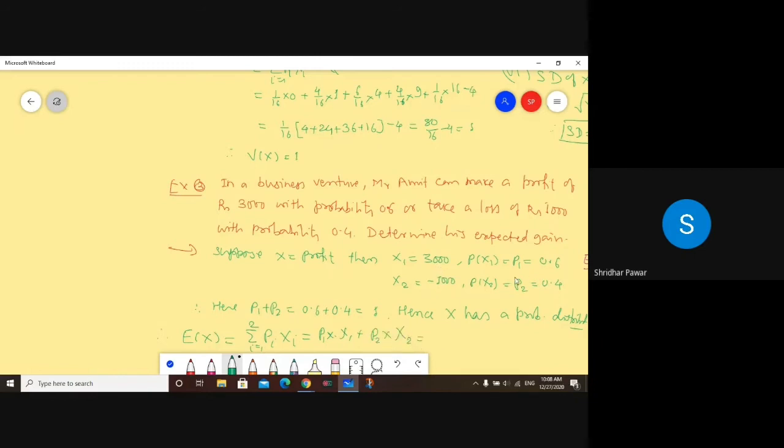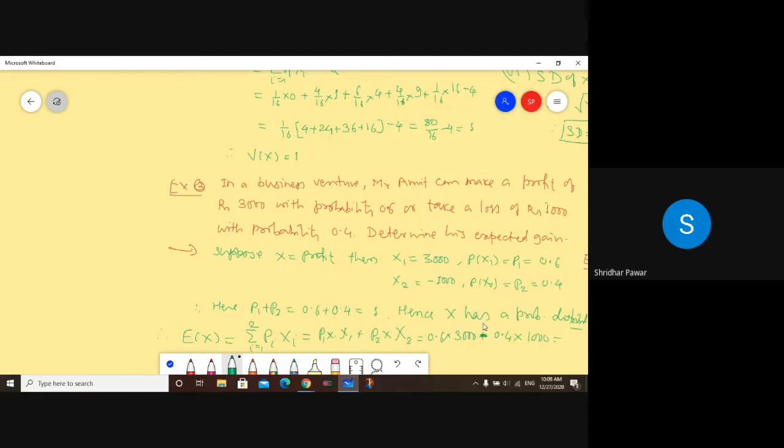So what is P1? 0.6 into x1, 3000, minus, now see, because this x2 is minus, P2 is 0.4 into minus, so this plus into minus will be minus, so that is 0.4 into 1000. What will be the answer?